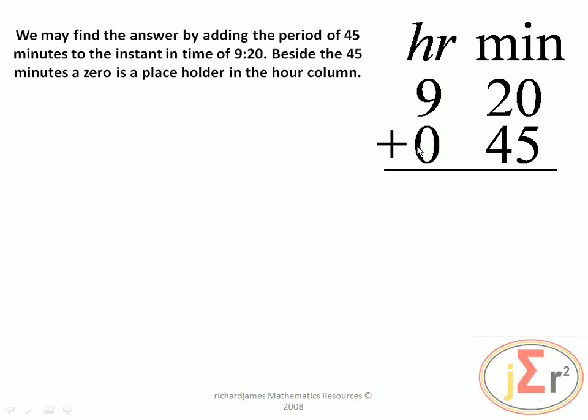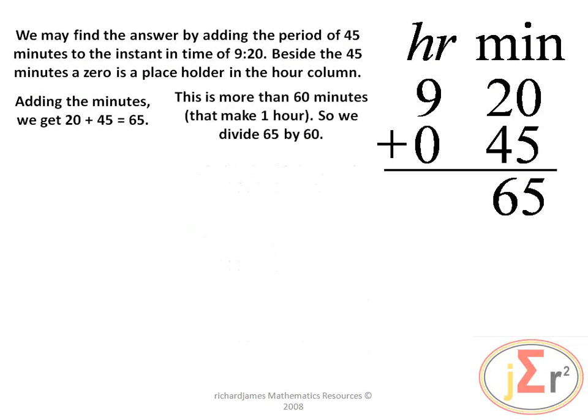So 0 hour and 45 minutes. Adding the minutes, we get 20 plus 45 is equal to 65. Not very good, Jerry. This 65 that we have in the minute column is just ridiculous, right?